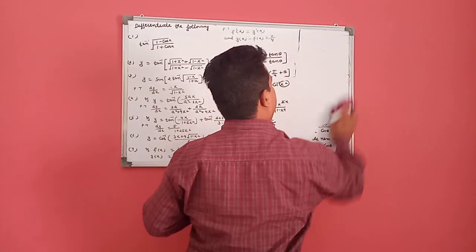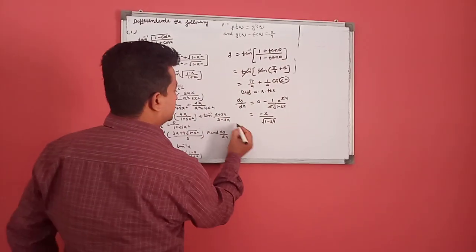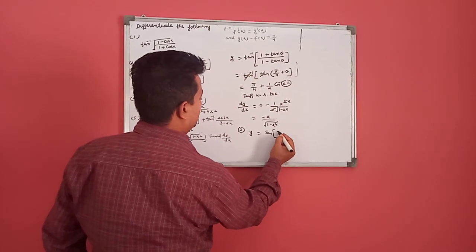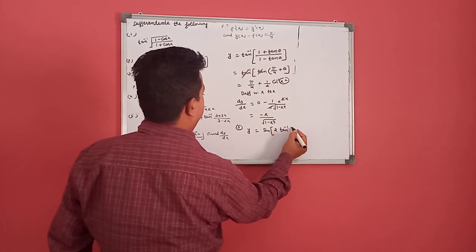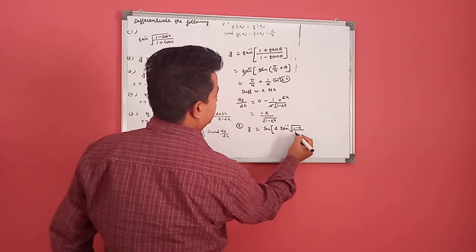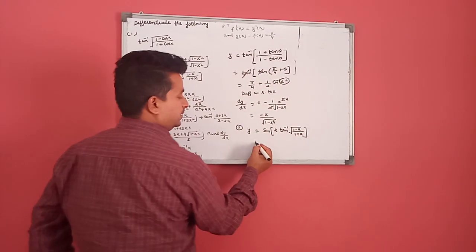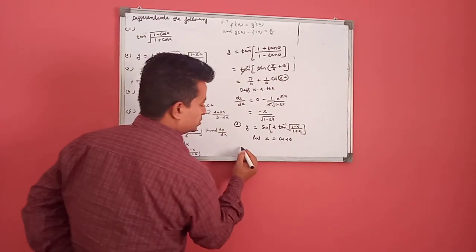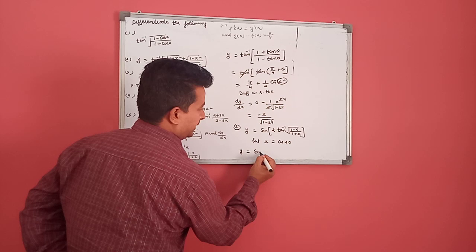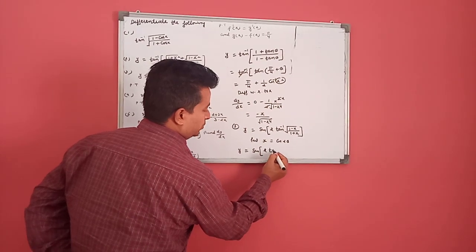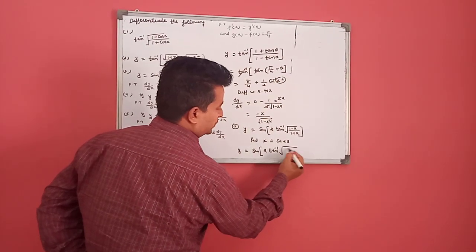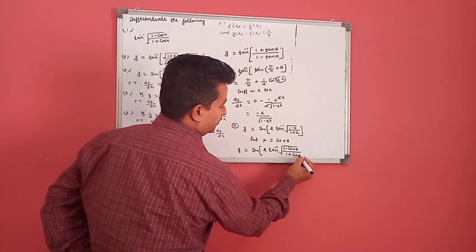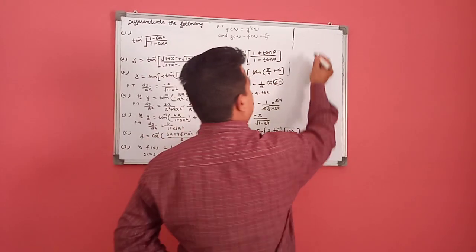In question number 3, the statement is y is equal to sin 2 tan inverse (1 minus x upon 1 plus x). In this question, we first put x is equal to cos 2 theta, then sin 2 tan inverse square root of (1 minus cos 2 theta) upon (1 plus cos 2 theta).